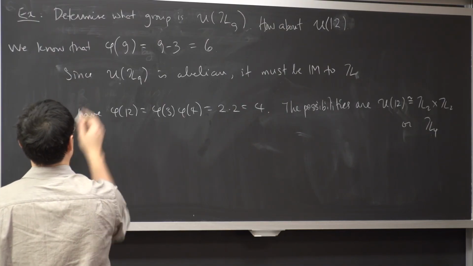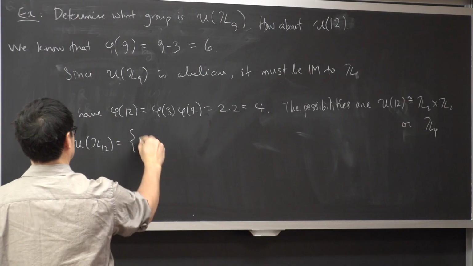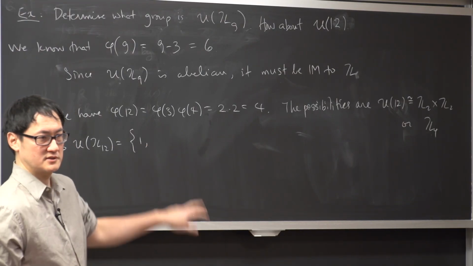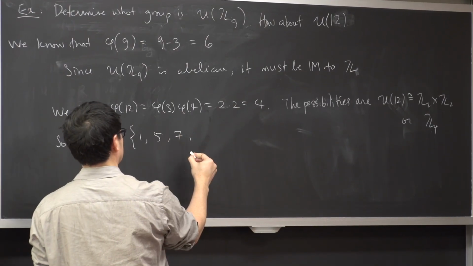So U of Z12 consists of 1. What else is coprime to 12? 5, good. What else? 7, 11.